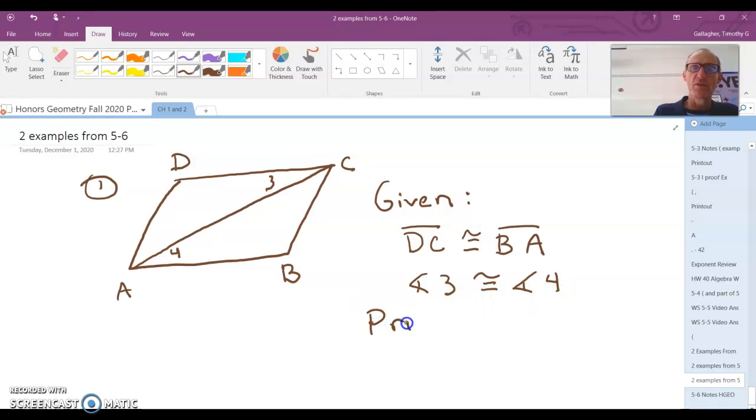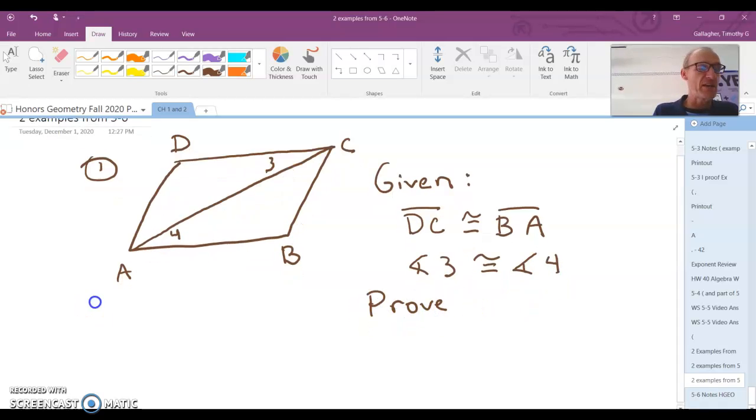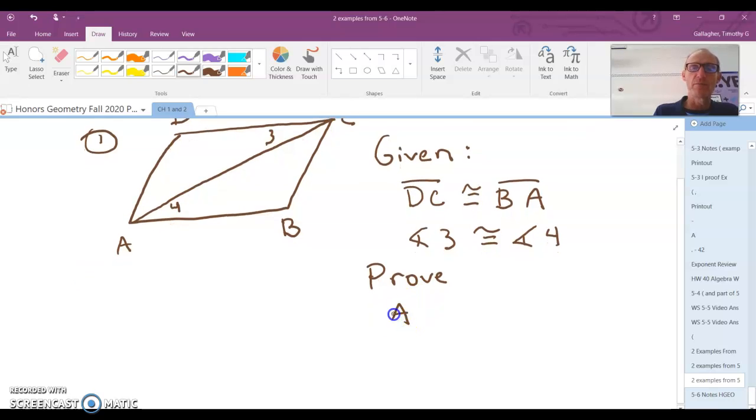What we want to prove in this problem is that ABCD is a parallelogram.